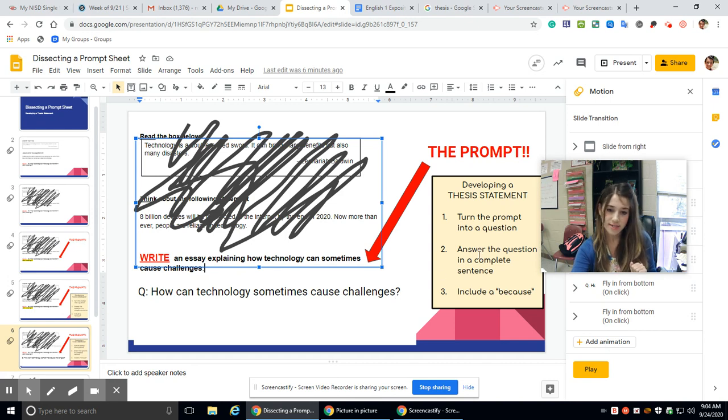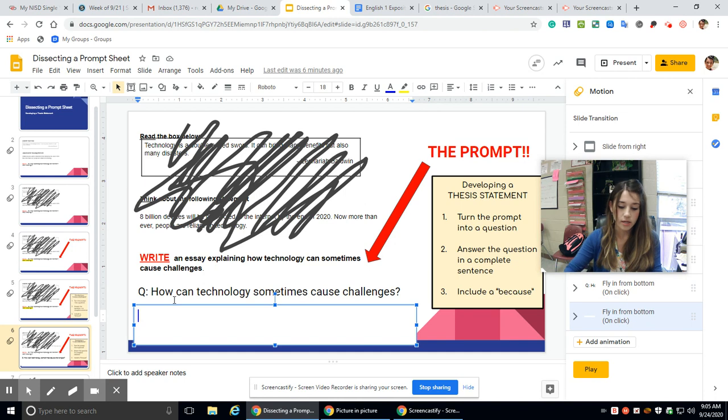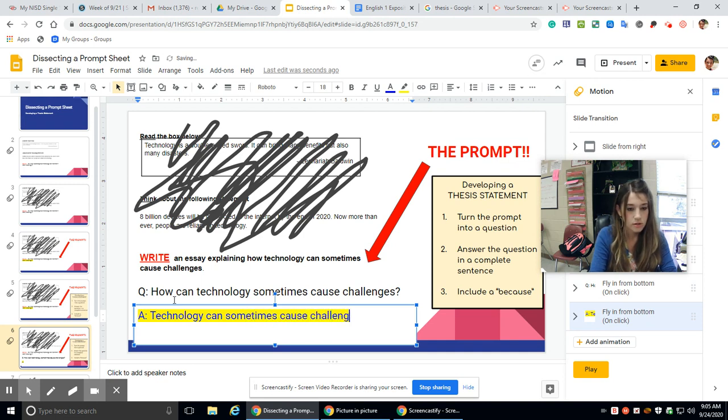And now my next step says I just have to answer the question in a complete sentence. So I'm actually going to simply restate the question to begin. So the answer is, how can technology cause challenges? Well, technology can sometimes cause challenges.